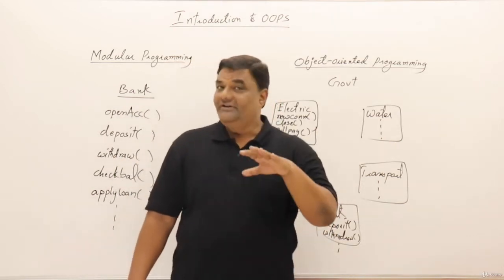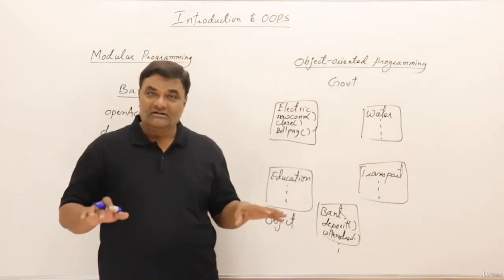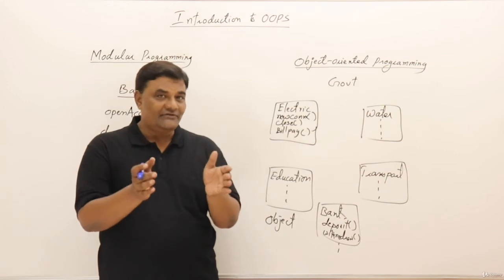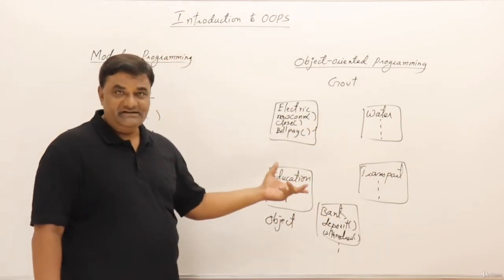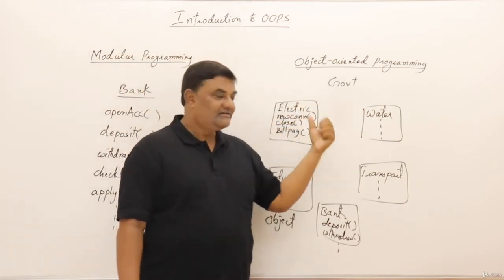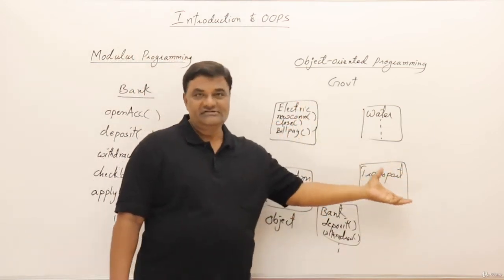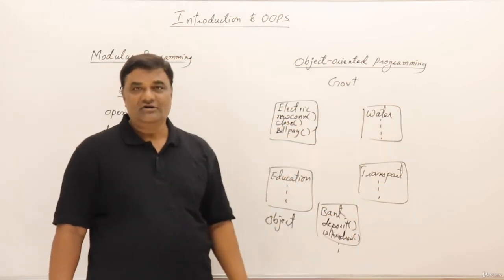But now we are developing software at a large scale for a big organization as one complete single software. Then you can see all the things as a set of objects. So electric-related things are functions related to electric, transport-related functions are related to transport, and those are objects, and this is a collection of objects.